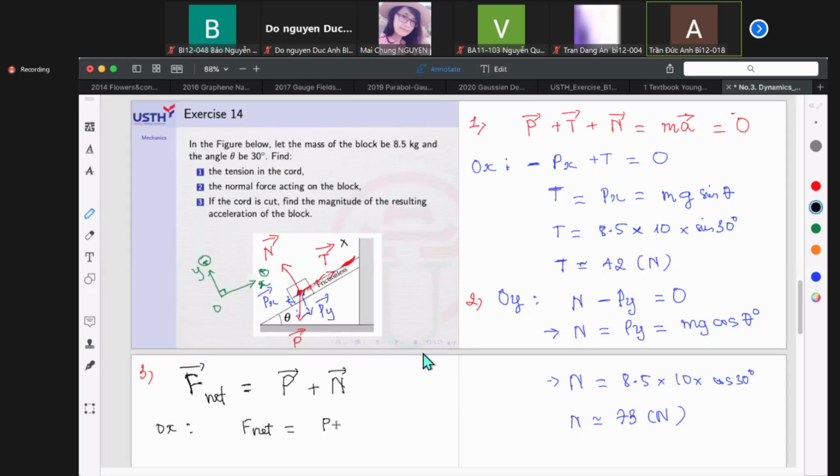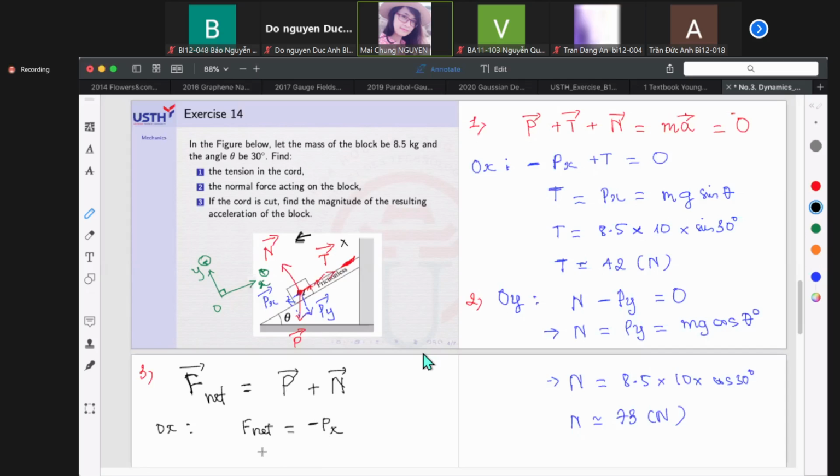Now if you cut the cross, the object moves to the bottom direction. So what about the sign of the Fs? It will be negative. Negative is right, that means you need to take it with the negative.